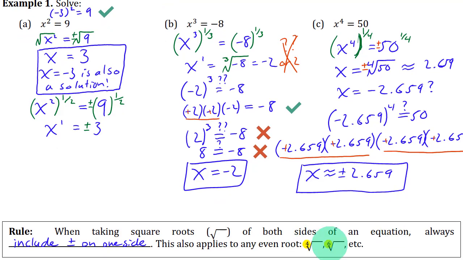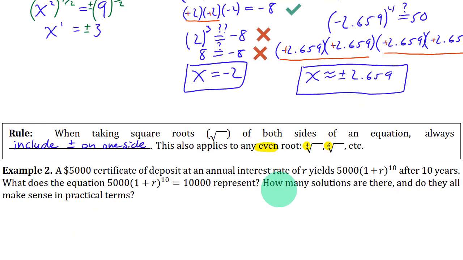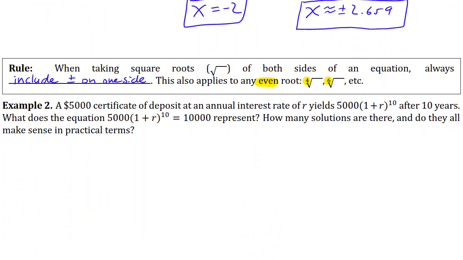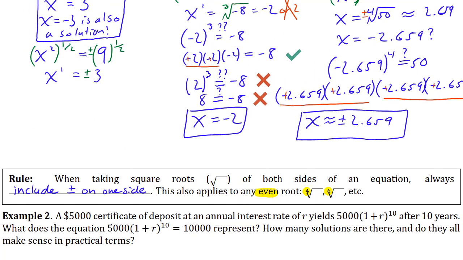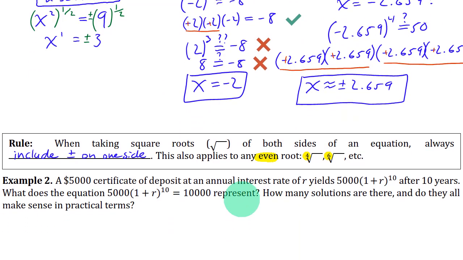So 4 is an even number, 6 is an even number. So doing the 1/4 power here, you need to include the plus or minus. Okay, so that is a tricky thing to keep in mind, but as long as you're checking your answers, trying to remember that maybe you have a -1, you'll be able to figure out again if you need to.